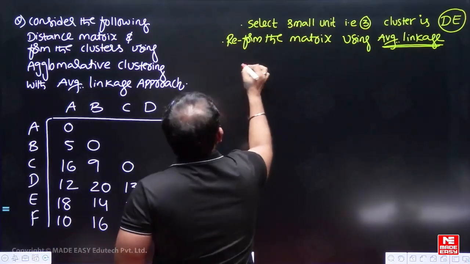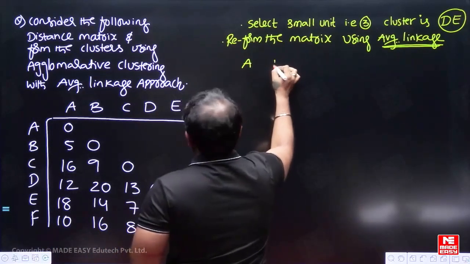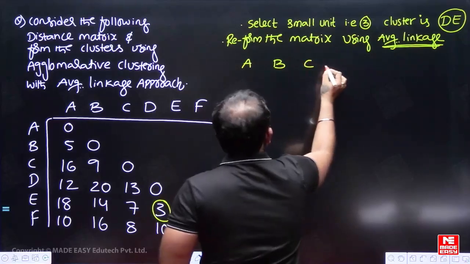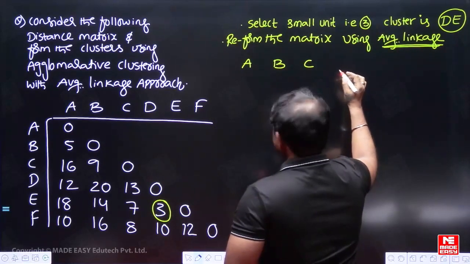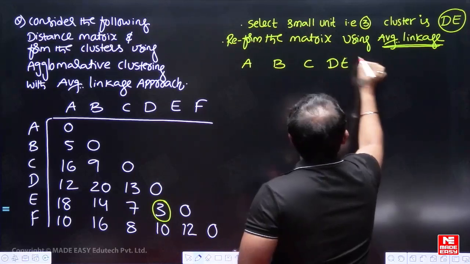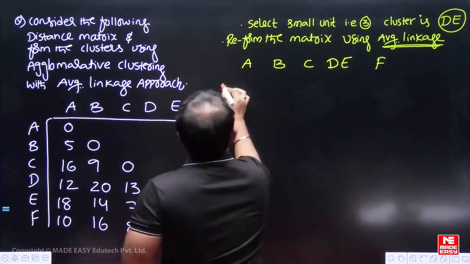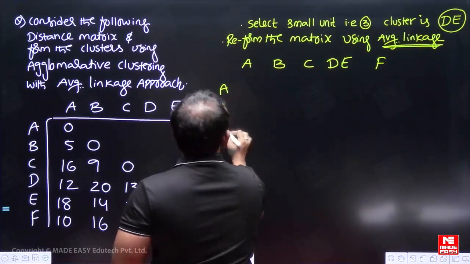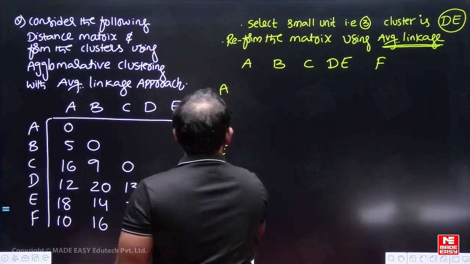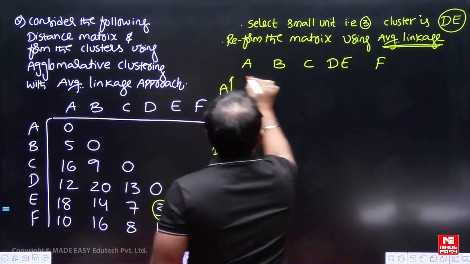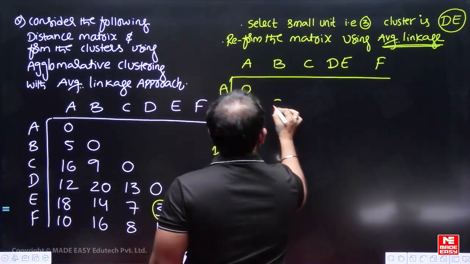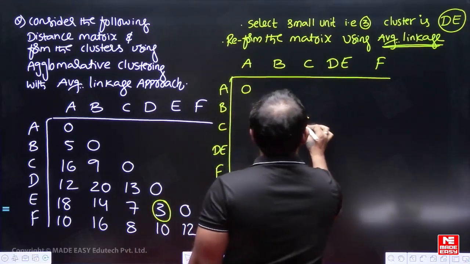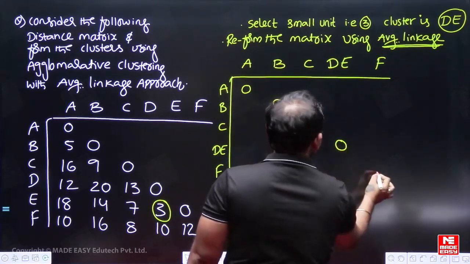Okay, that is A, B, C, D, E and F. So A, B, C, D, E and F. All right, so diagonal values are 0. Put them 0, 0.